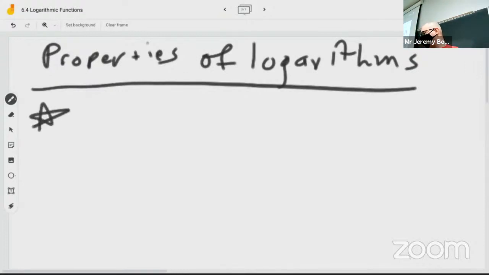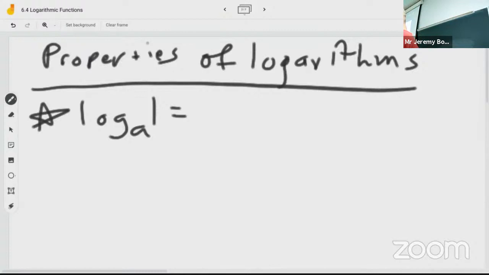And so the first one is if you have log base A of 1. Doesn't matter what the base is, that's why we're just putting A. That's always going to equal some value. Anybody know what that is? 0. How do you know that?